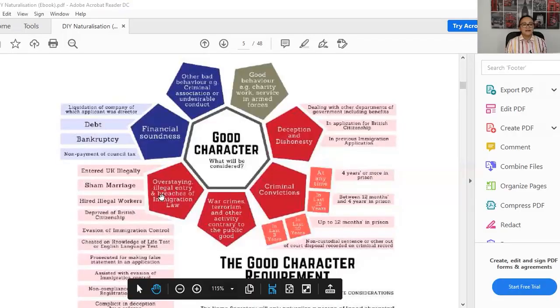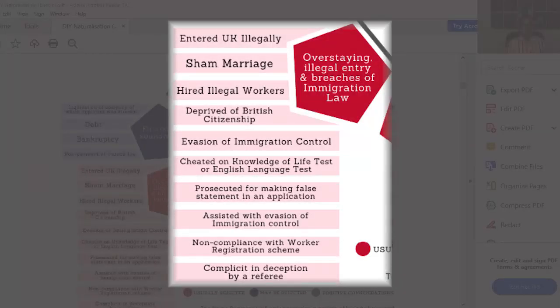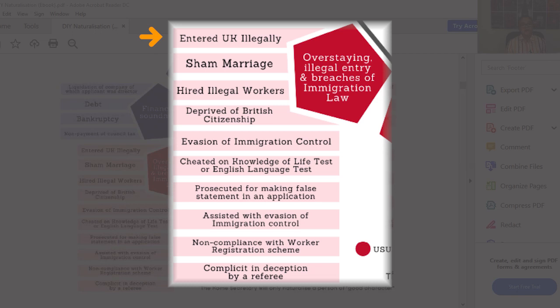Finally, let me deal with overstaying, illegal entry, and breaches of immigration law. If you've entered the UK illegally, if you've been involved with a sham marriage, if you have hired illegal workers, if you were deprived of British citizenship, or if you've evaded immigration control. Evading means you've overstayed, and you were supposed to report, but you didn't report.